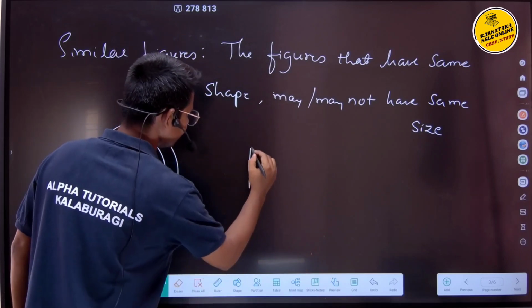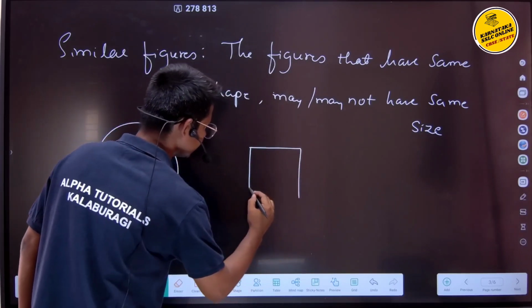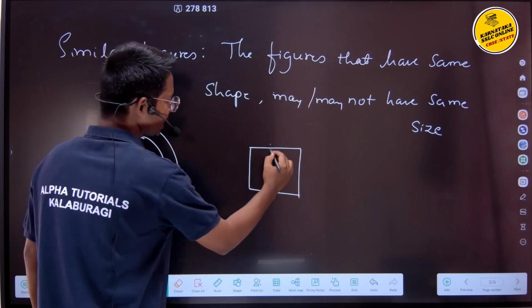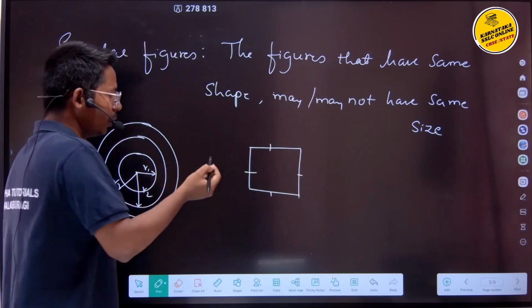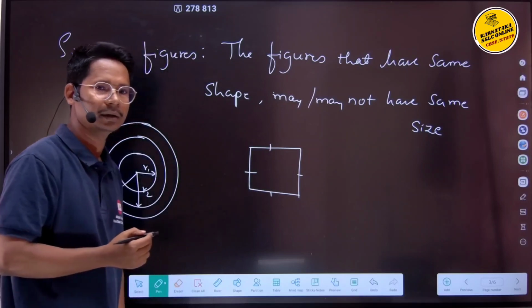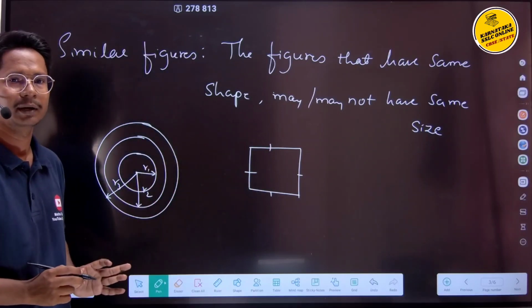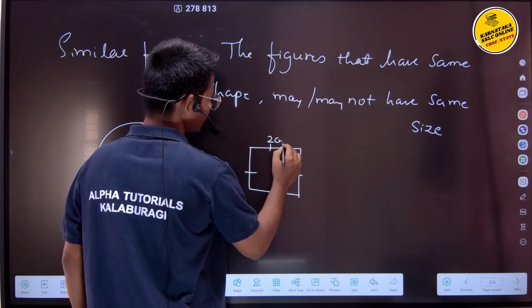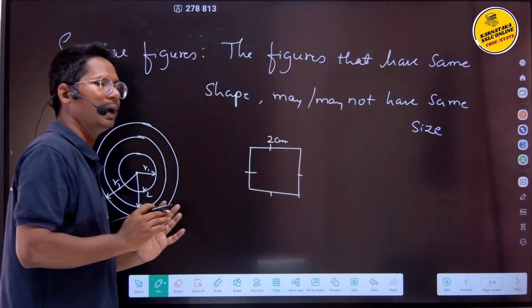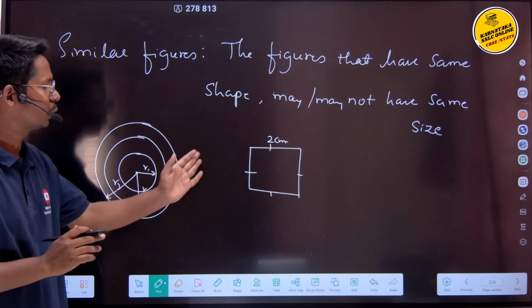I'll take a square. In a square, all sides are equal. Now I'll take one more square from the first square. Suppose each side is 2 centimeters. I'll add equal length to all its sides.